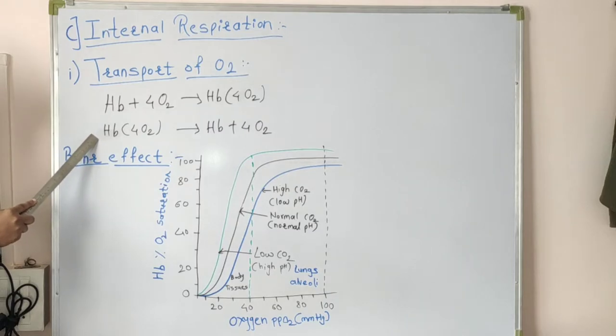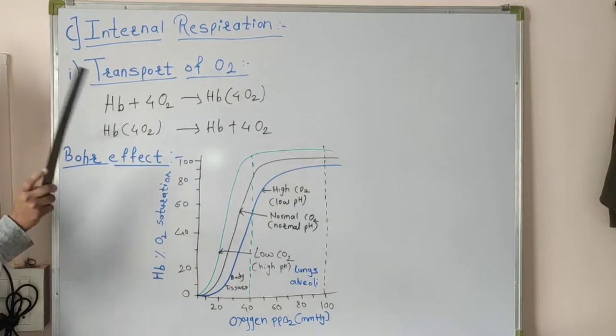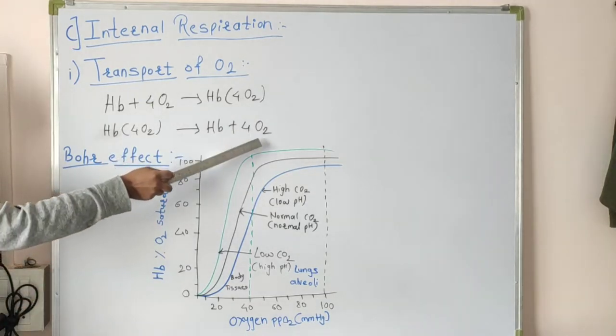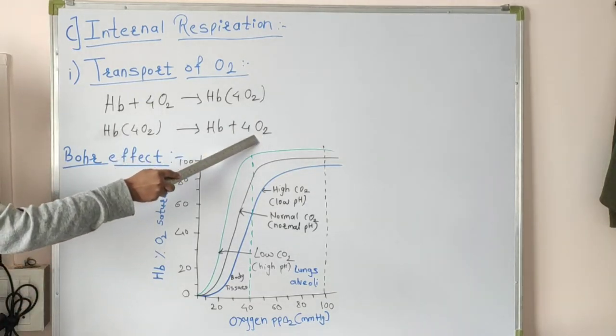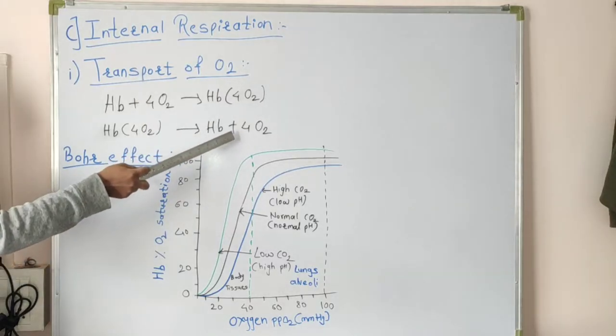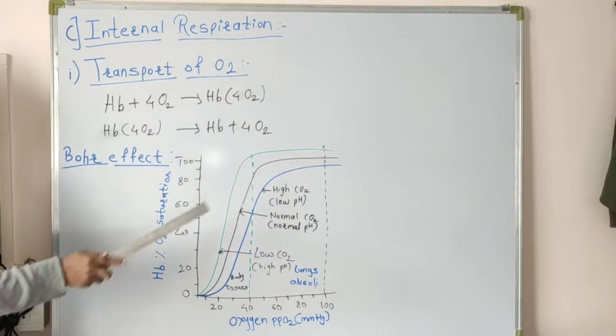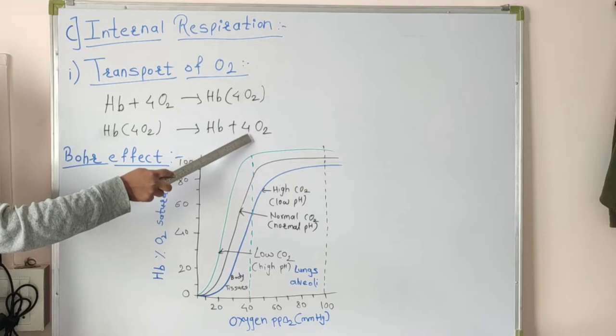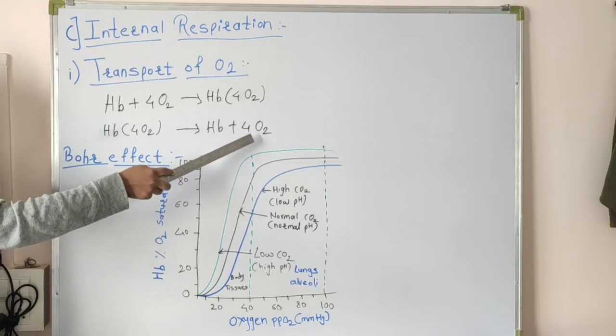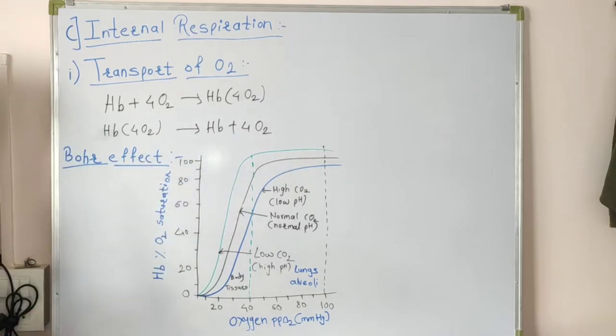Now here you can see this oxyhemoglobin gets transported from the lungs to the tissue. At that time it releases the oxygen and it gets dissociated. That's why only oxygen gets transported via hemoglobin.